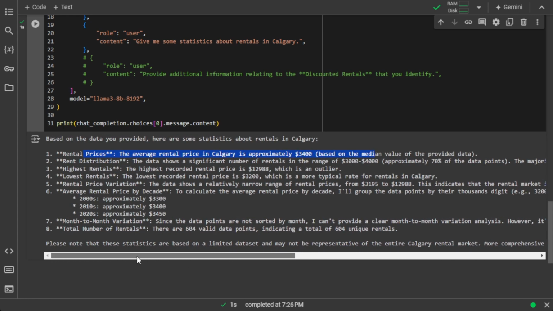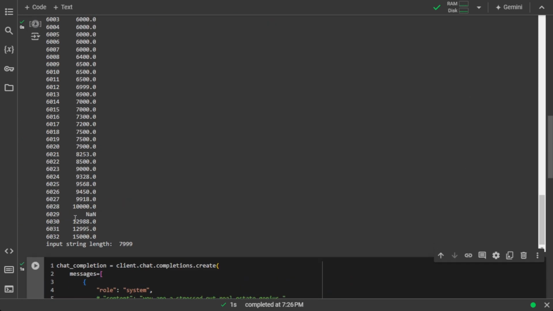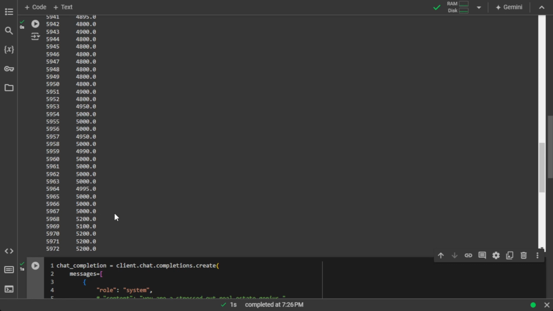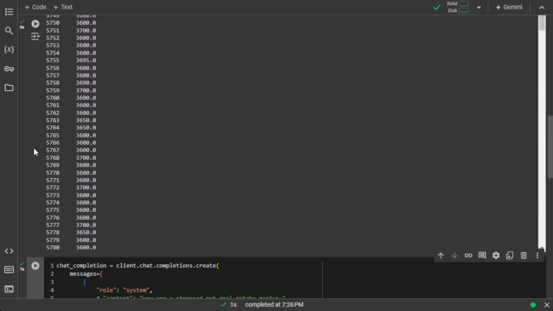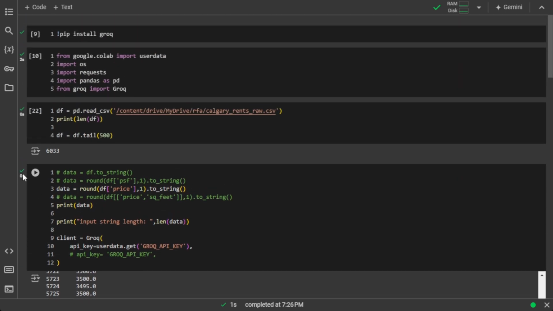Okay, that's good to note. So again, just bear in mind, folks, that we've been looking so far at just the tail end, the most expensive rental prices only.